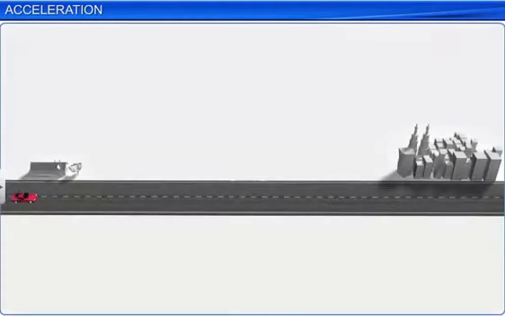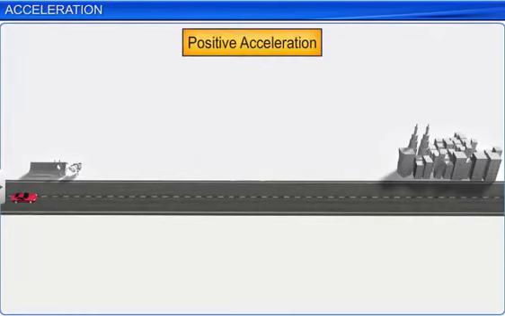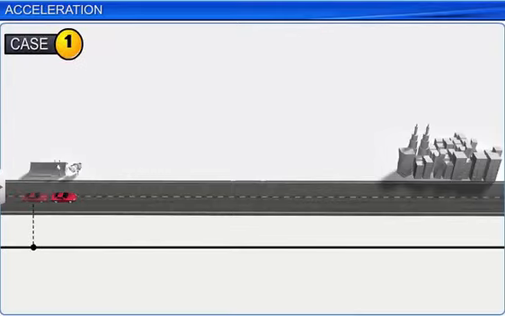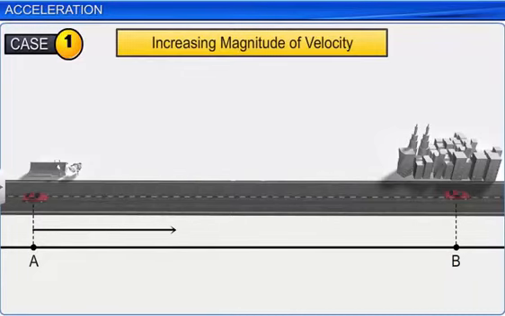So delta V is v2 minus v1, so it will be positive. And direction of motion is also positive. It is moving along positive direction only. So in this case our acceleration will be positive. If magnitude of the velocity is positive and its direction is also positive, in that case the acceleration will be positive.